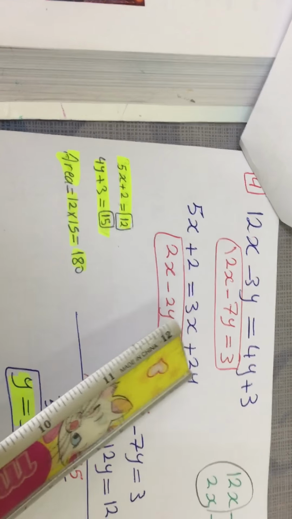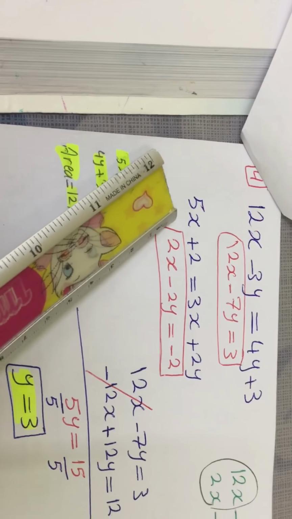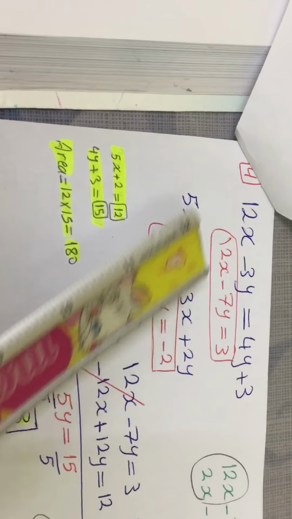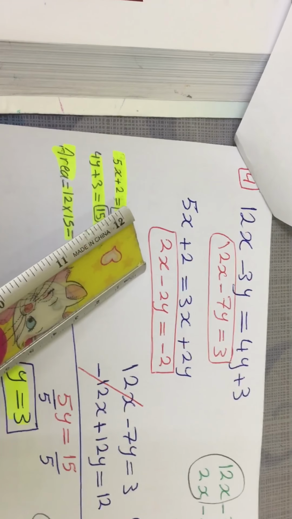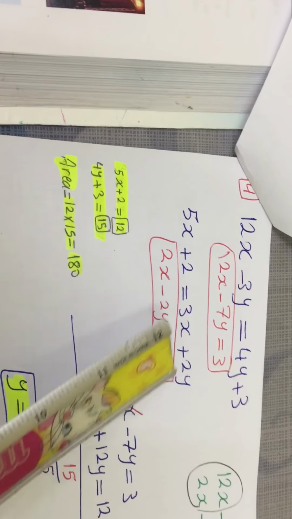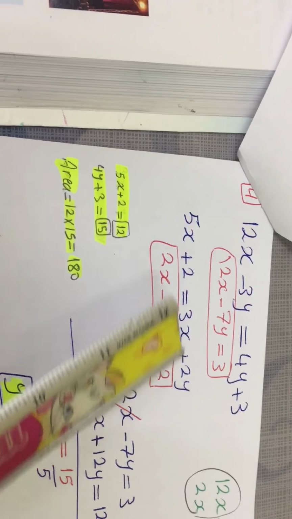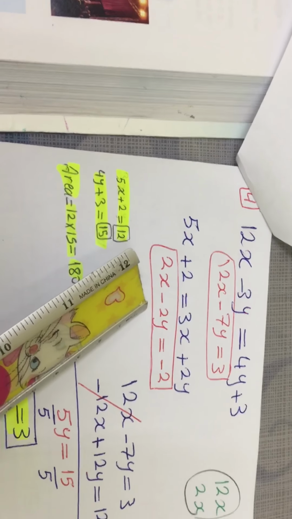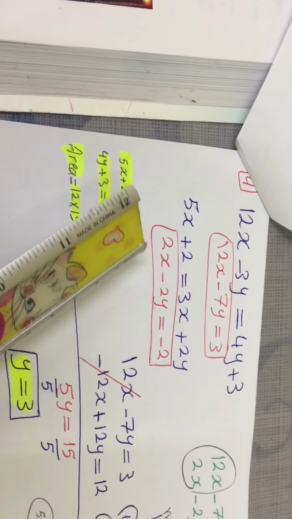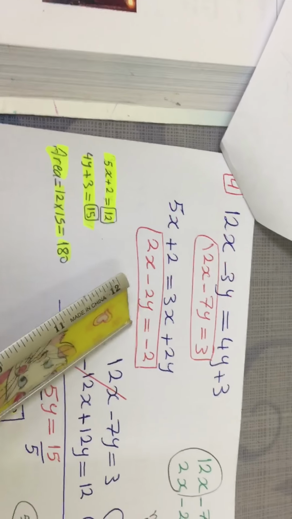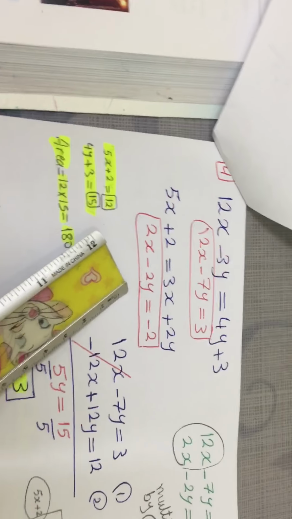I'll keep 5x in its place and take 3x to the opposite side with negative, so it will be 2x minus 2y, because I'll transfer 2y to the opposite side with opposite sign, and take 2 to the opposite side, so it will be 2x minus 2y equals negative 2.